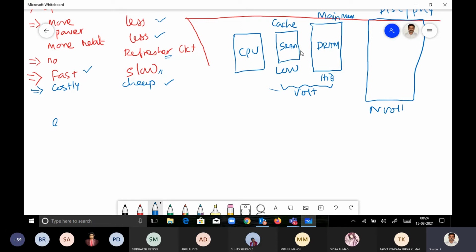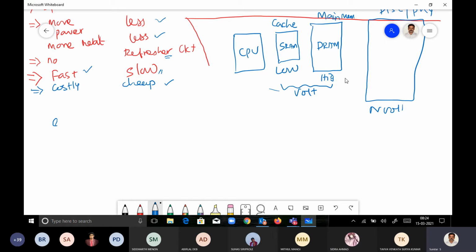Or if the item is not available in both, it is available only here, what's the benefit? Can someone try to guess? I won't mind whether you are right or wrong. You try to guess. The CPU is looking for something that is available in SRAM, or in DRAM, or in non-volatile memory. What's the difference?